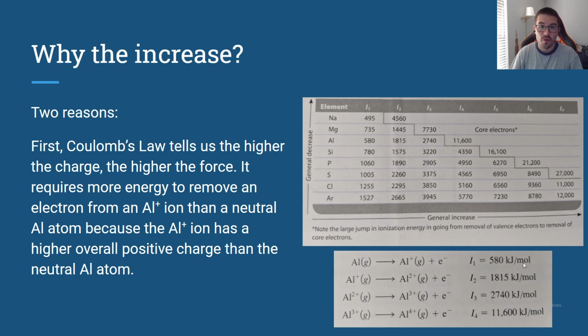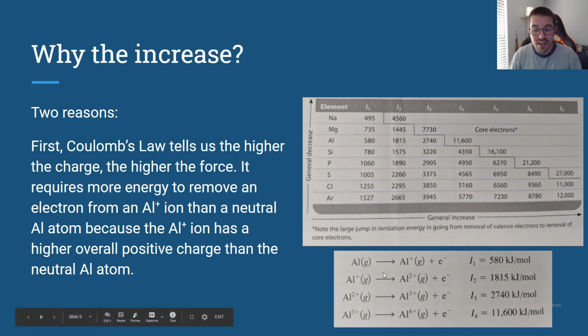But you could be working with a mole of aluminum, right? Or multiple moles. So, ionization energies are usually given in units of joules per mole. So, back to what I was saying. The amount of energy it requires to take an electron away from a neutral aluminum atom is only 580 kilojoules per mole.